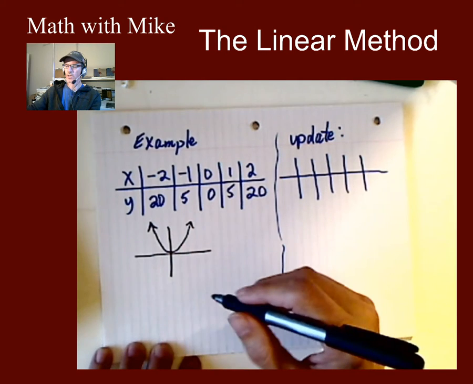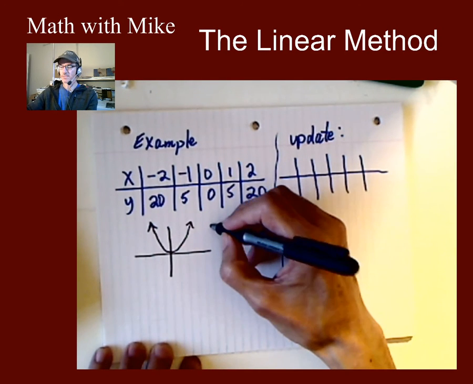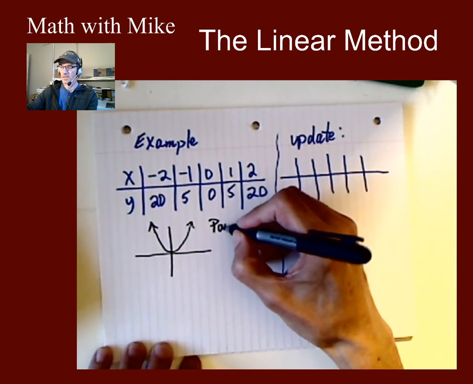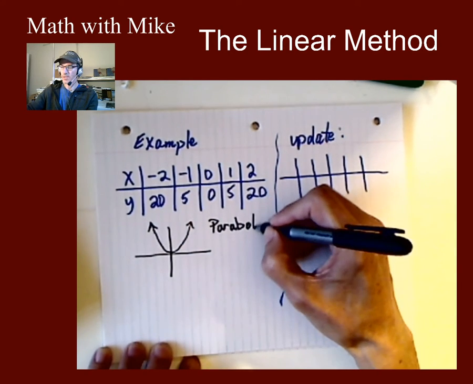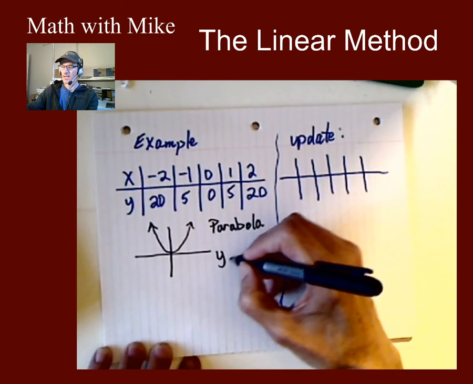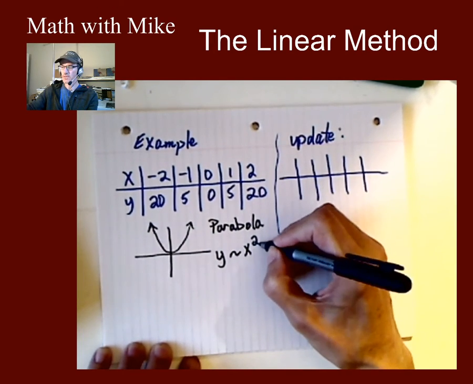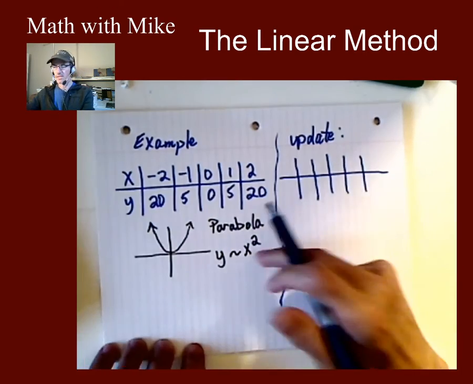So recalling all the parent functions that we have, this is a parabola. And as we know, this is related to x squared.